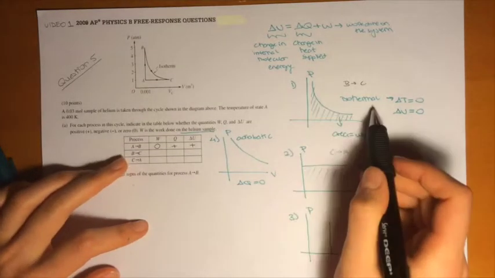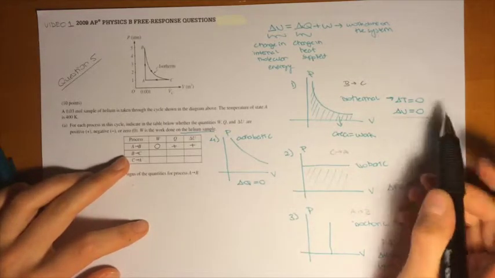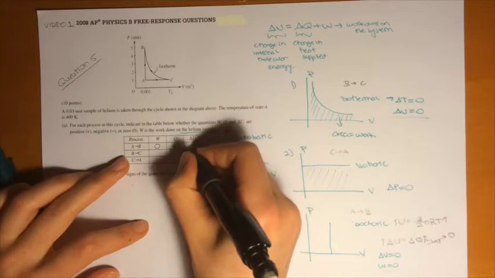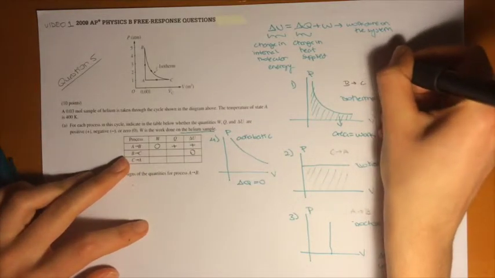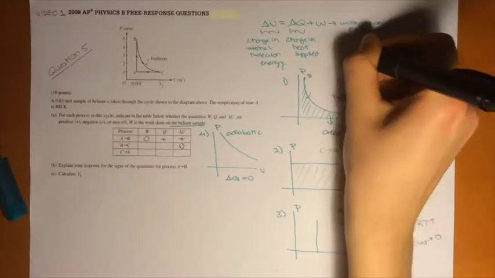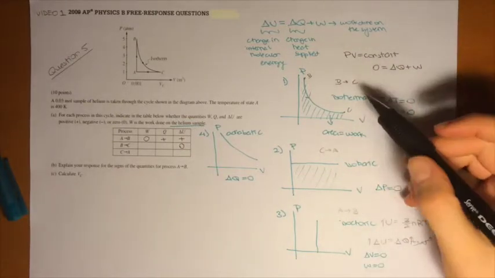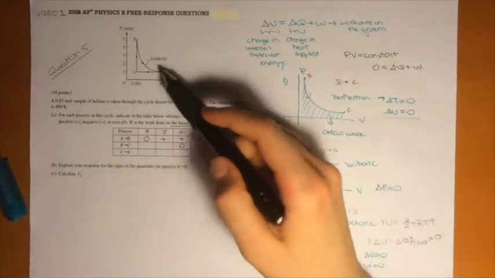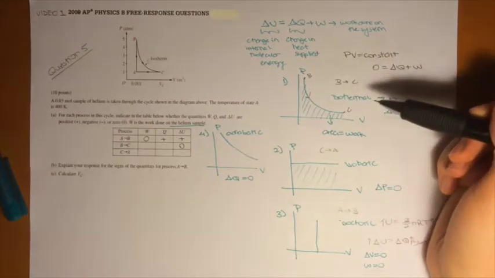From B to C, I see an isothermal process. Delta U is equal to 0. When delta U is equal to 0, I can say 0 is equal to delta Q plus W. PV is constant. So here in this graph from B to C, the pressure is decreasing and the volume is increasing.